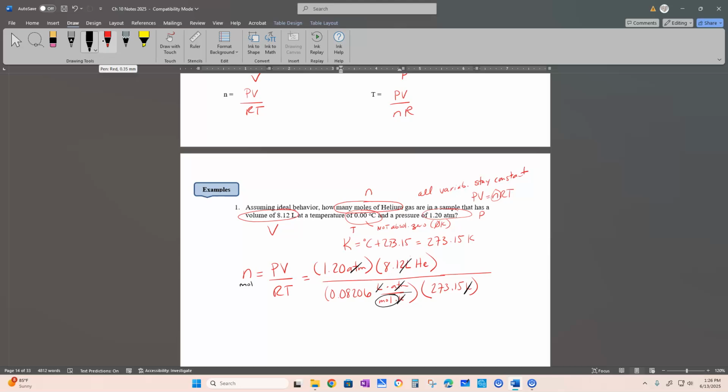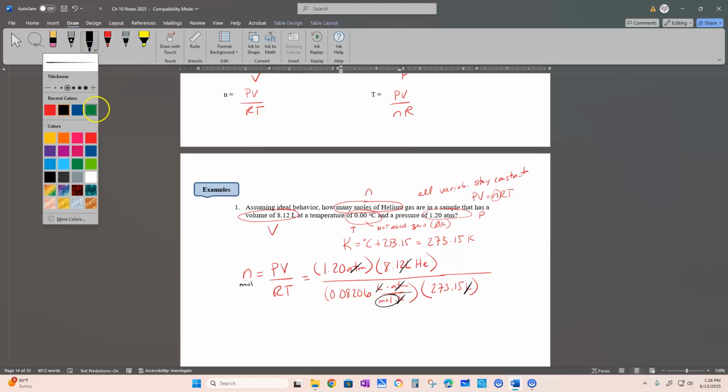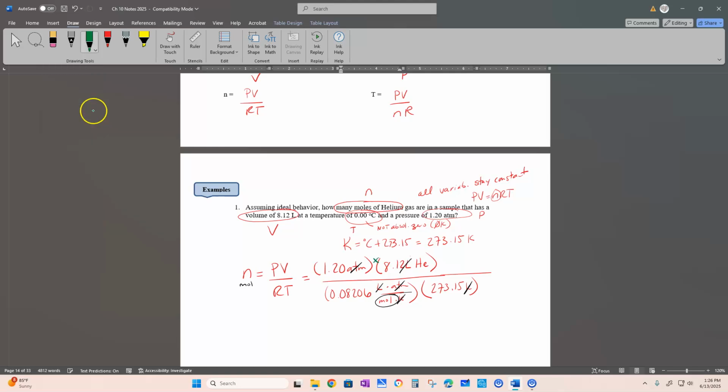So when you plug this in the calculator, let me write it out. You guys plug it in. 1.20 times 8.12, and then hit that equal sign. Because you have two numbers in the bottom, you got to go divide R, hit that equal sign, and then divide 273, hit that equal sign.